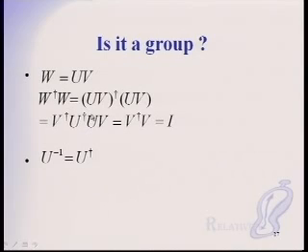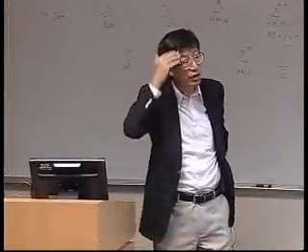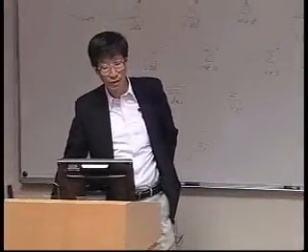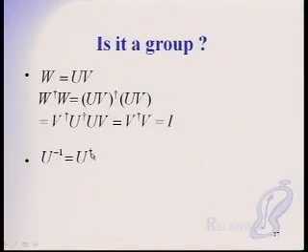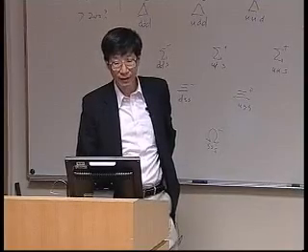But U dagger U is identity, so that cancels, and then V dagger V is the identity. So W dagger W is the identity. Okay? So the set of all unitary operators indeed forms a group. Unitary also means that the inverse is just the Hermitian conjugate. So that is what we mean by U(N).